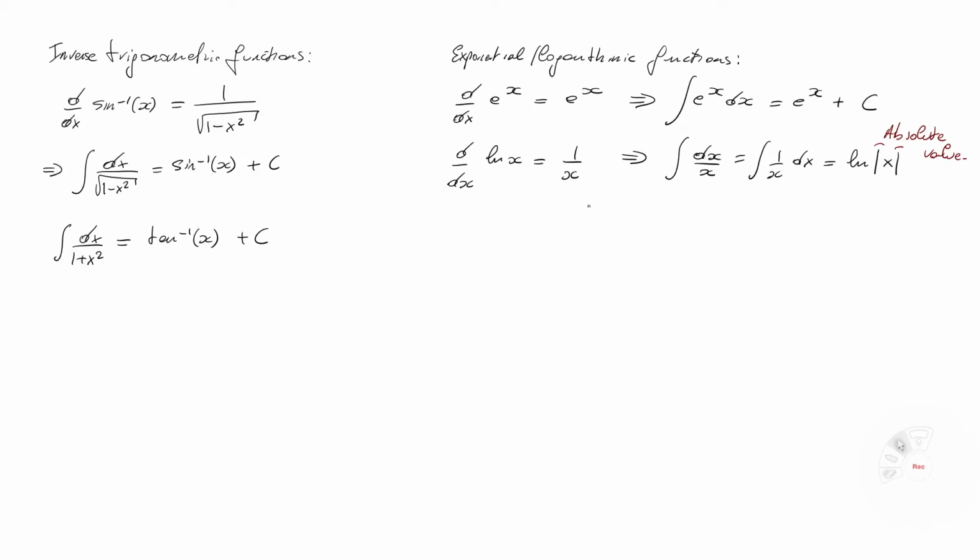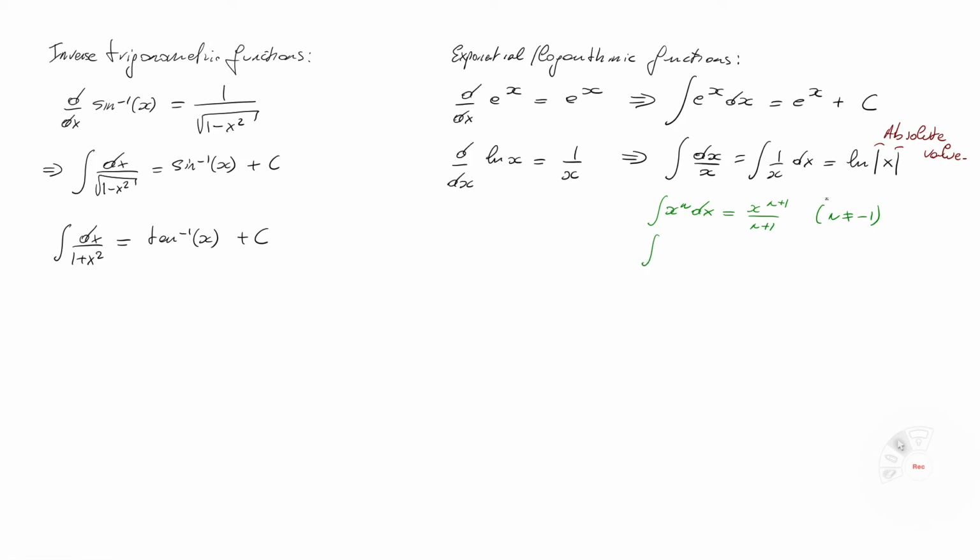And so as a quick side note, we already know that the integral of x to the power n is x to the power n plus 1 divided by n plus 1 for n different from minus 1. That's what I already explained on the previous slide.